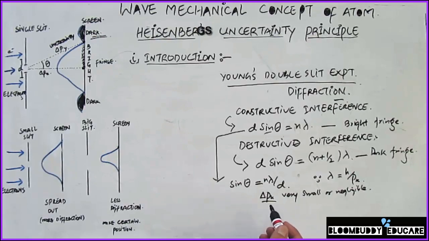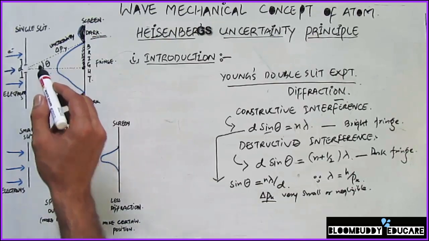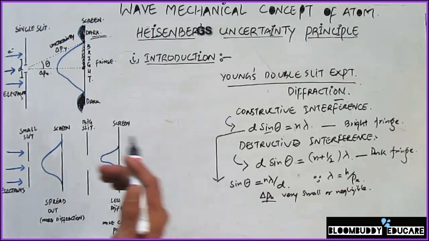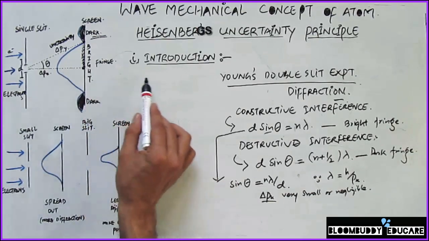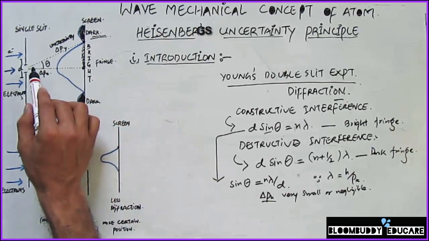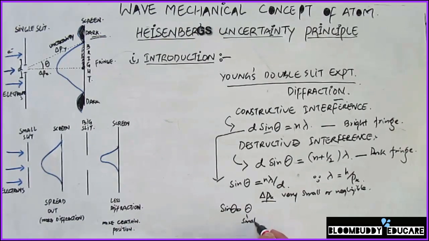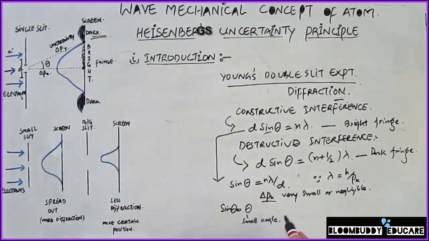In that case, I can represent theta by a very small angle for the screen. If I suppose that the screen is very far away from this slit, then theta is going to be very small. So if I consider that situation, sine theta is equal to theta, which is a very small angle. At that point, theta is going to be equal to lambda by d.